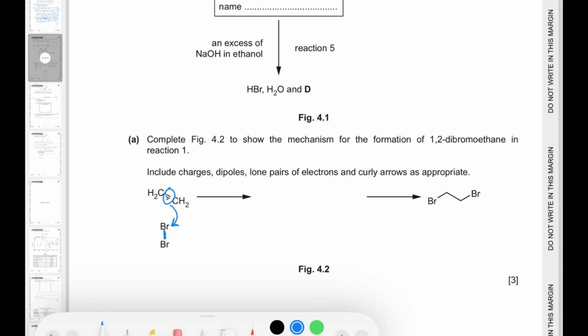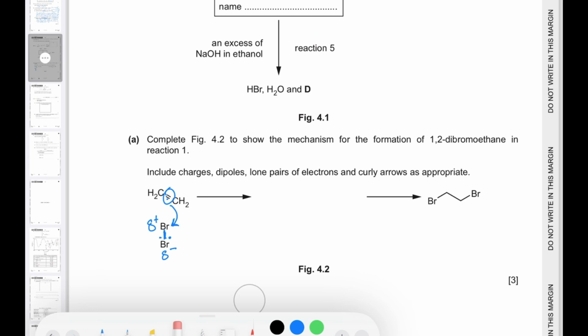So it will result in formation of partial charges. The bromine that's closer to the carbon-carbon double bond will gain a partial positive charge, and since the pair of electrons involved in this bond is now closer to the other bromine atom, it will gain a partial negative charge.